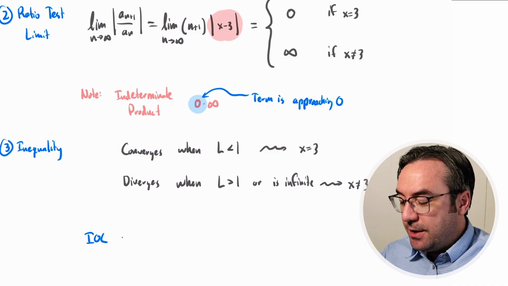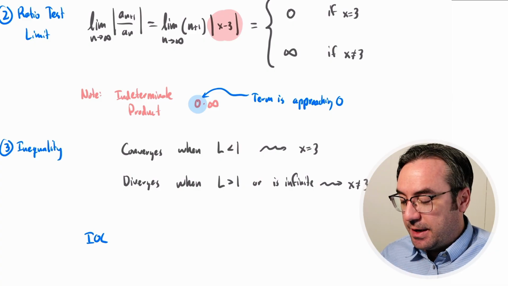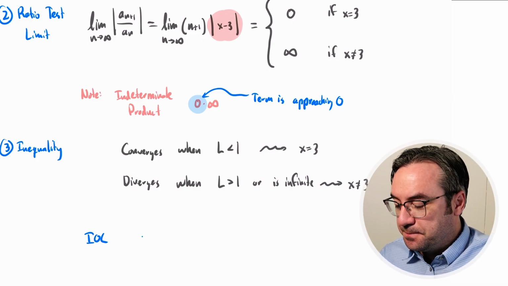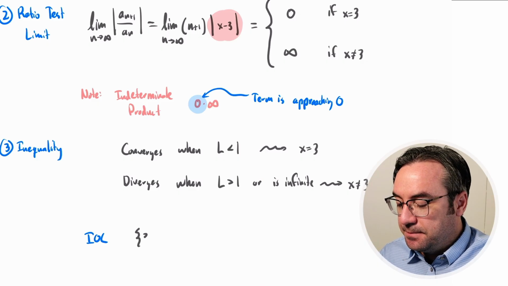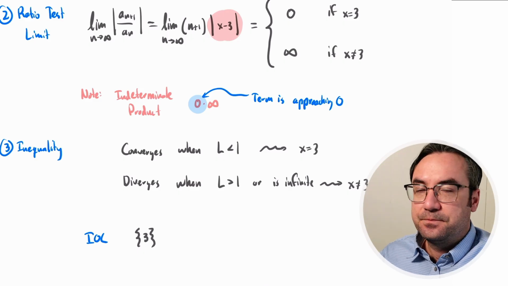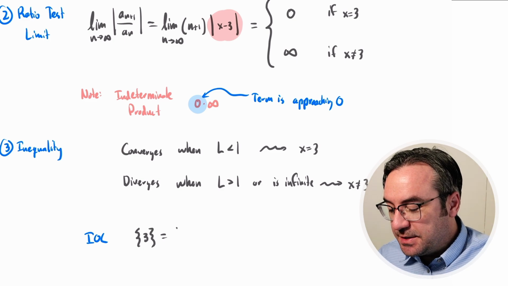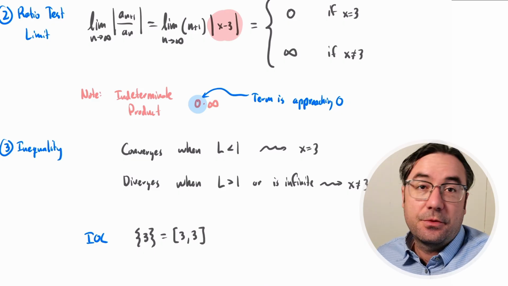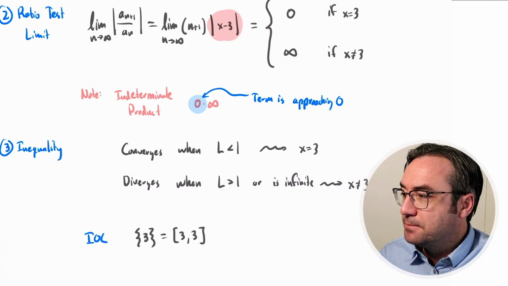There are a few ways to write a set with just one number in it. We can write it as the singleton set, curly bracket 3. Or if we wanted to write it as an interval, sometimes we'll see this, the closed interval from 3 to 3. That's the only interval containing just that one point.